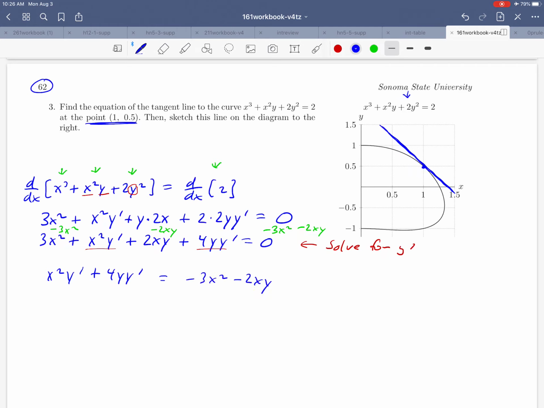Since we've got all the terms with y prime in them on the left, we can factor. So we'll pull a y prime out, and we're going to get y prime times (x squared plus 4y) equals negative 3x squared minus 2xy.